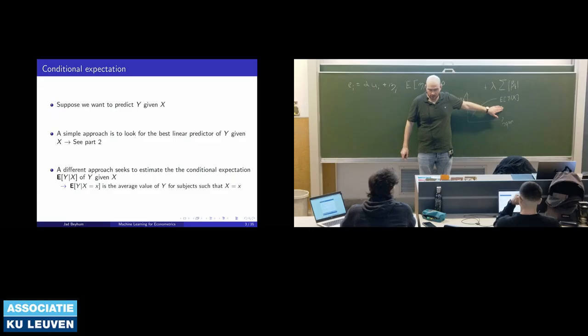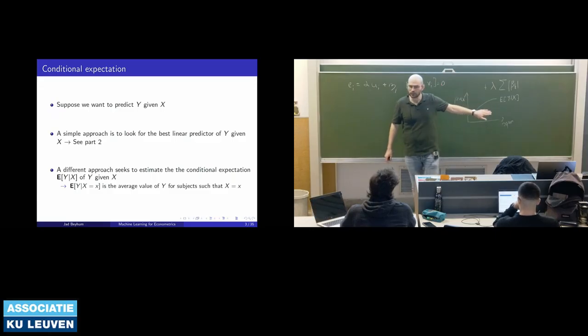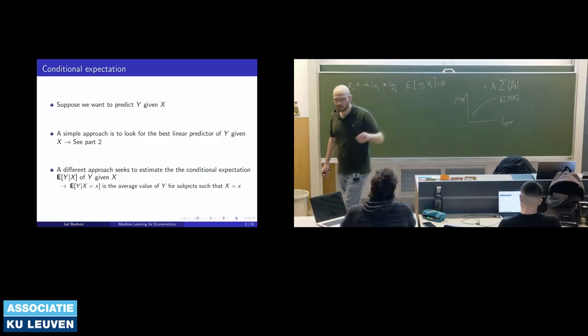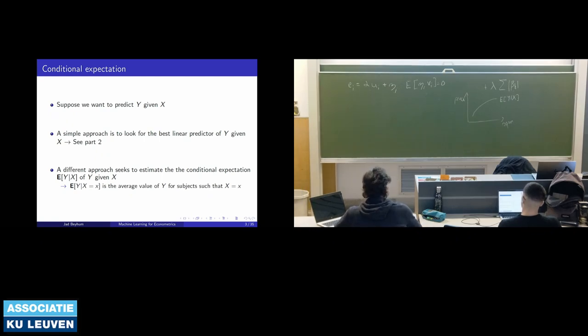It gives you better predictions, but this is much harder to estimate. The best fitting line is much easier to estimate than this, because this is the average value of the price of flats which have a given number of square meters. And in your sample, in your data, you might have very few flats which have exactly 100 square meters or exactly 101, and it goes on.